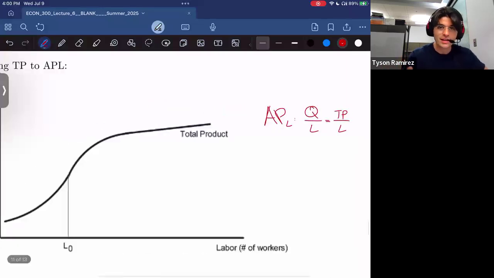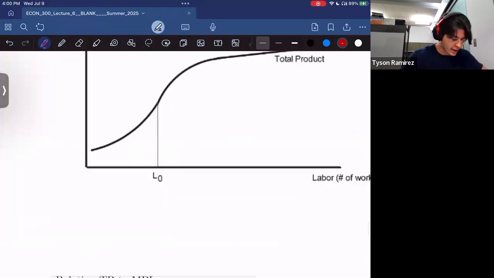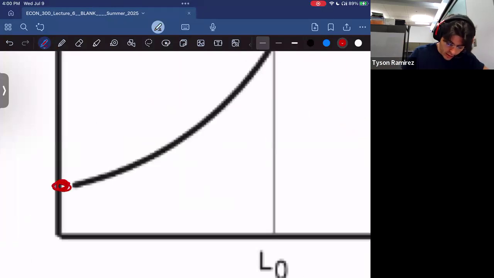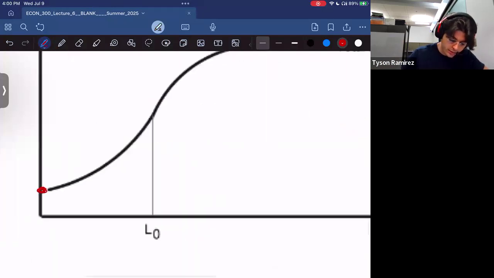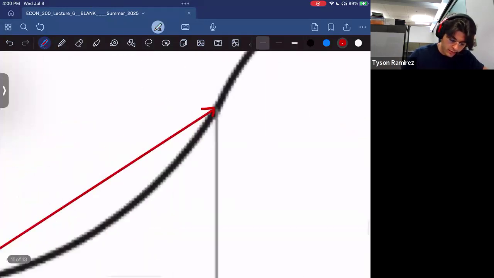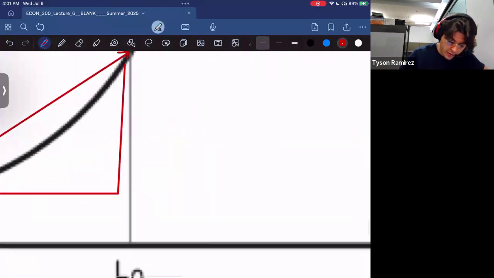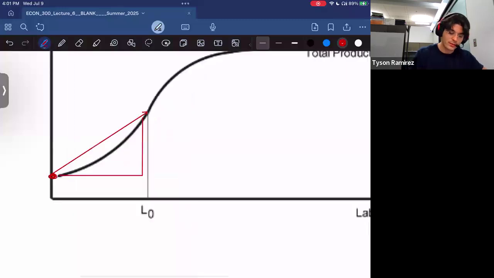And what is neat, a nice geometric interpretation of this, is that we start the curve here. Your average product of labor is simply the slope. Let me write this down.